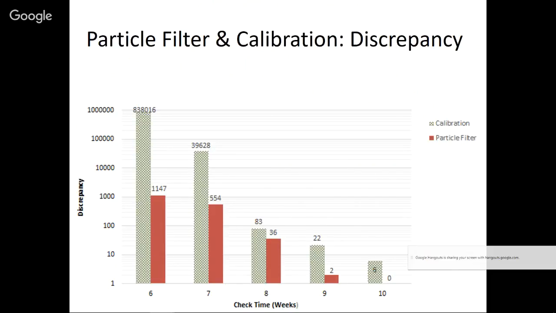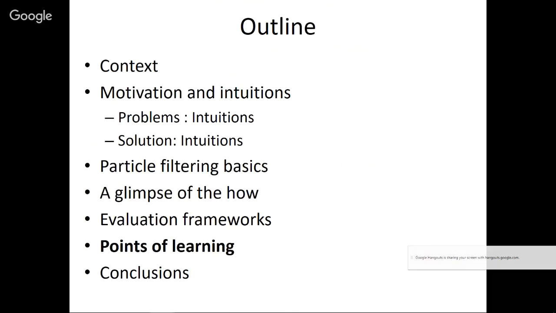So calibrating a model against a given set of data versus particle filtering against that data, if that data is data over time, you typically gain in a huge way from particle filtering in terms of accuracy.